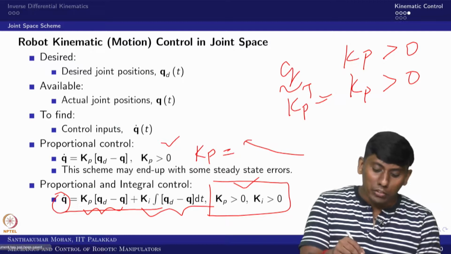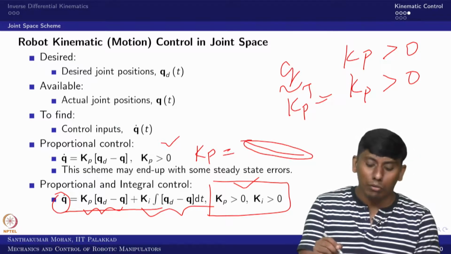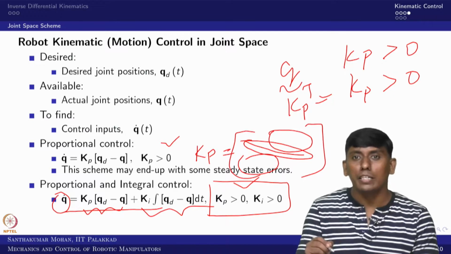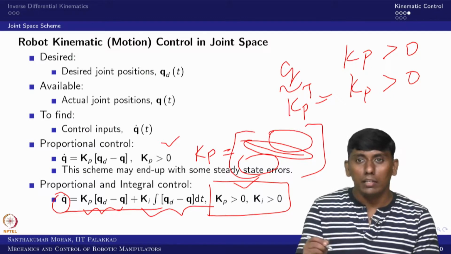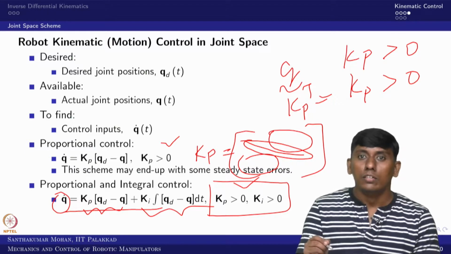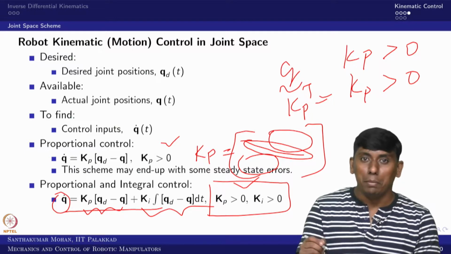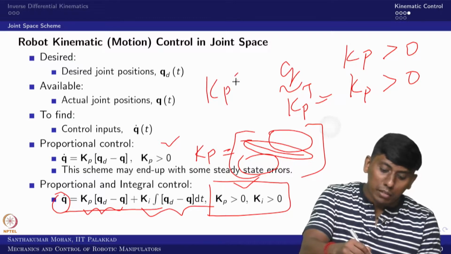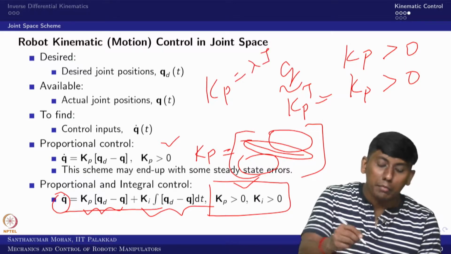Okay. So positive values in the diagonal only, and off-diagonal all are 0. They take either Kp or Ki that way, this is also one standard. Some people even do it the other way around, so Kp is taken as a simple scalar value times the identity matrix.